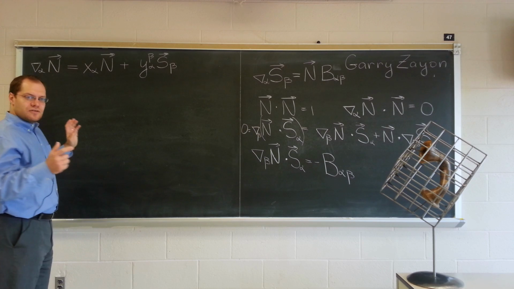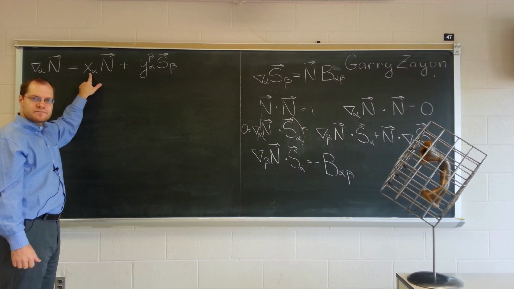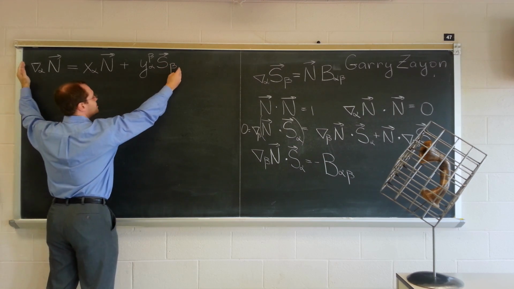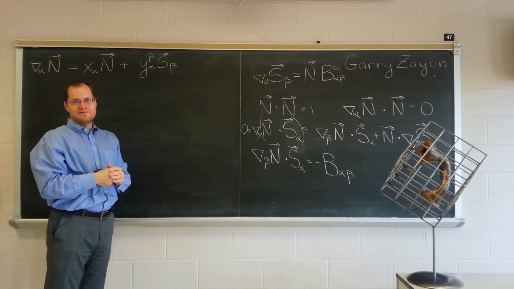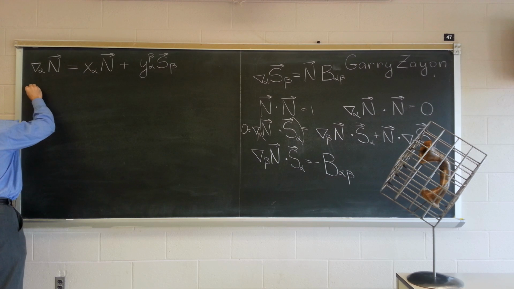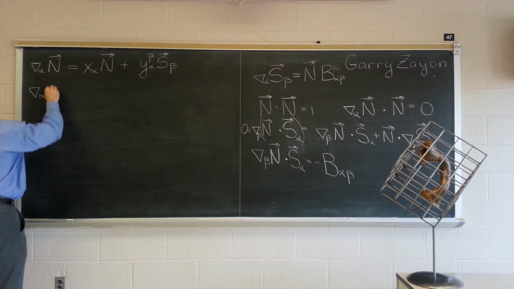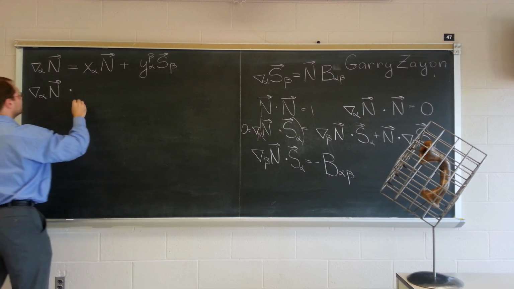Here's the number one thing you would do to determine x sub alpha. You would dot both sides with the normal. Maybe it's a little easier for me because I've done it so many times.